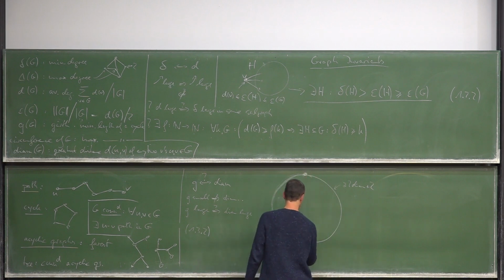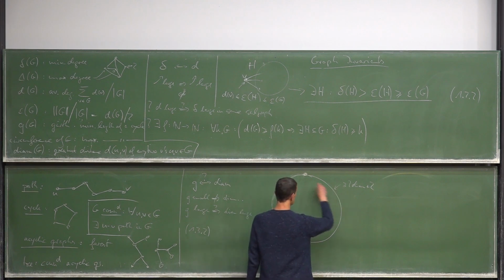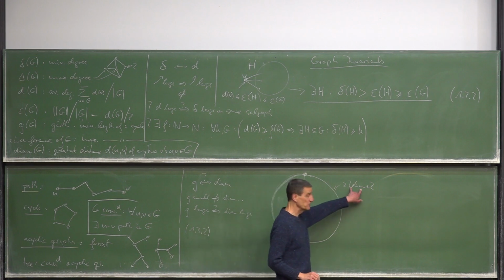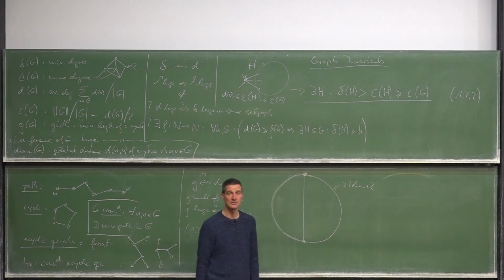Then we take opposite vertices, and then we know that there's a path between them of length at most diameter, and diameter is length less than this half, so we could complete the argument.